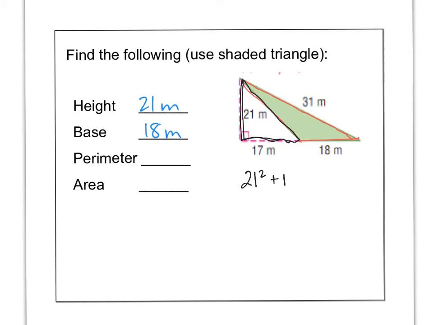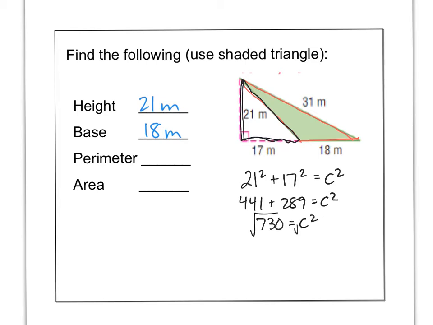We're going to do 21 squared plus 17 squared equals c squared. So grab your calculators, and 21 squared is 441, and 17 squared is 289. Add that together, and you get 730 equals c squared.